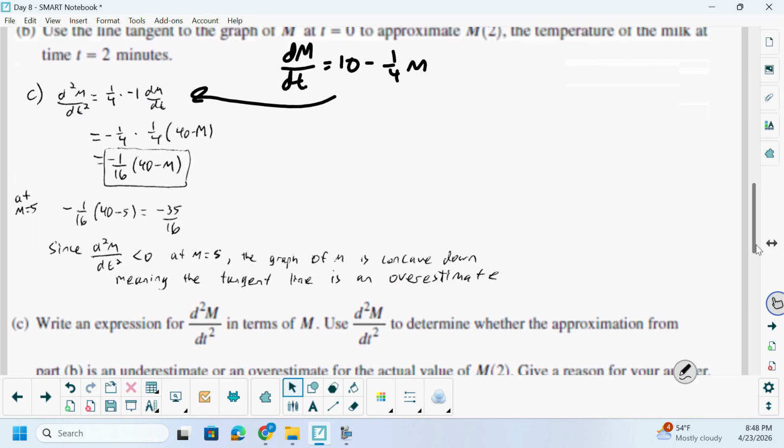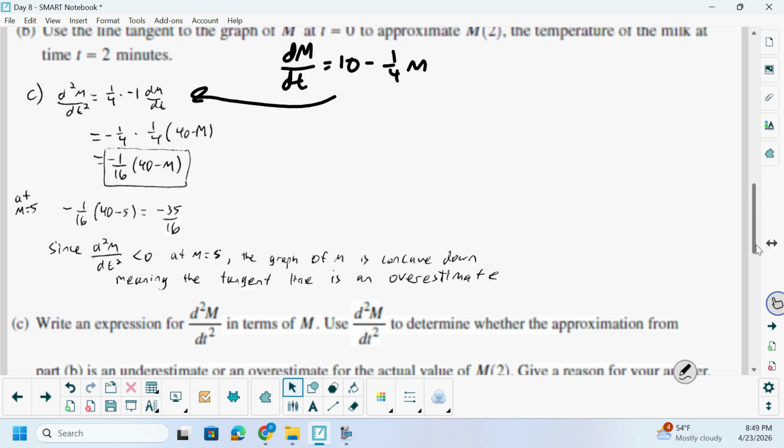Next, we want an expression for the second derivative. Well, that original thing, I distributed the 1/4 through the parenthesis. 10's derivative is 0. Negative 1/4 m would just be negative 1/4 and then dm dt. They said we wanted that second derivative in terms of m, so we have to replace dm dt with the 1/4 times 40 minus m. So we end up getting negative 1/16 times 40 minus m.